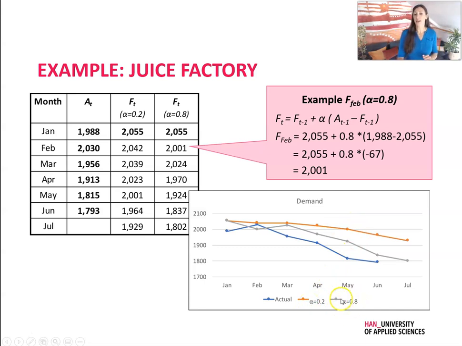You see, with a larger alpha, the gray line is much closer to the blue line, what we actually sold, compared to the orange line using alpha of 0.2. So a larger alpha reacts more strongly to the changes in trend.